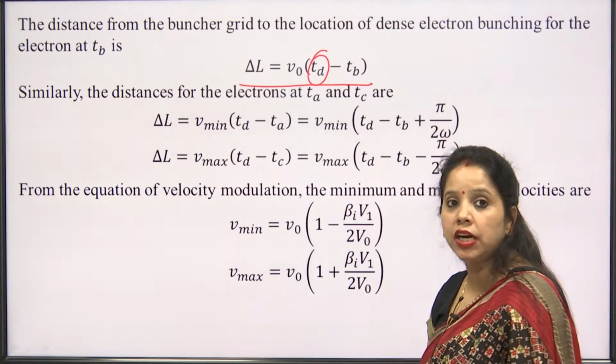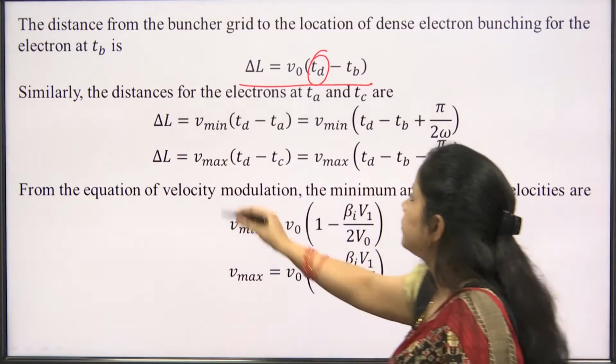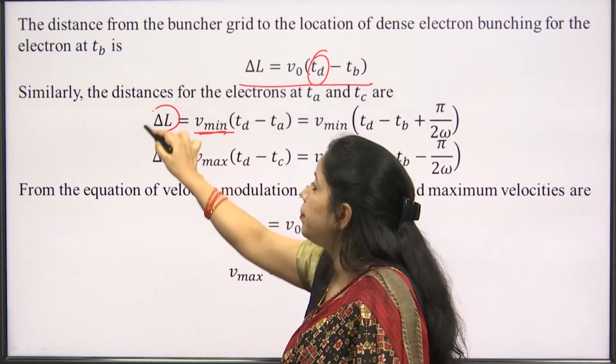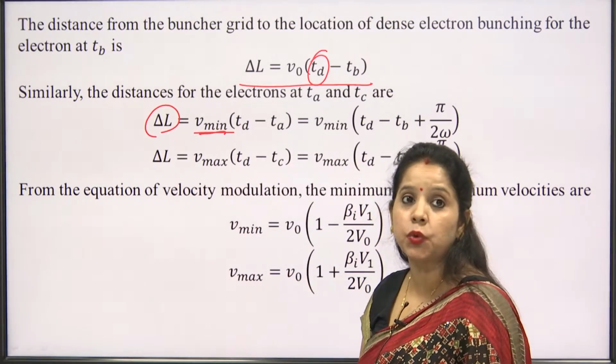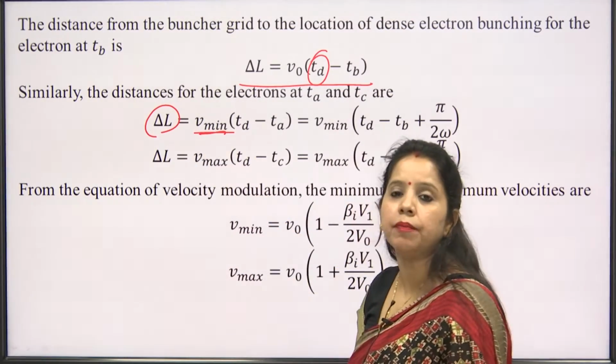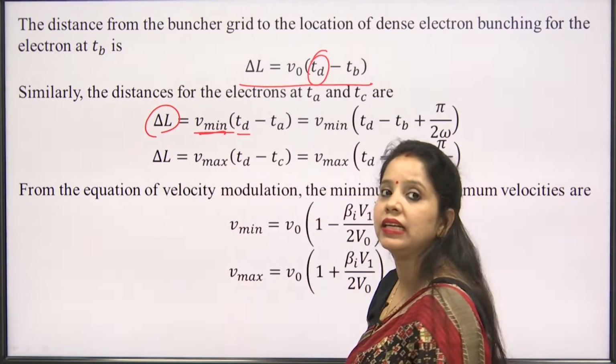Now, for the other two, the slower and the faster. For the slower one, the distance remains the same, the distance will not change, but the velocity is going to change. It is travelling with the minimum velocity, and with the time duration Td minus Ta.